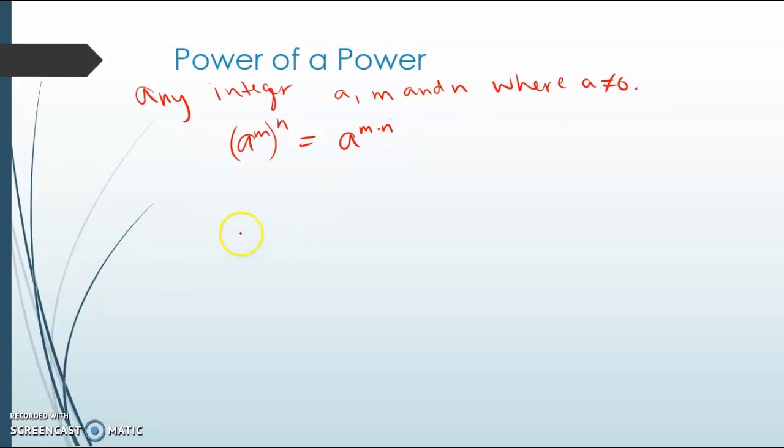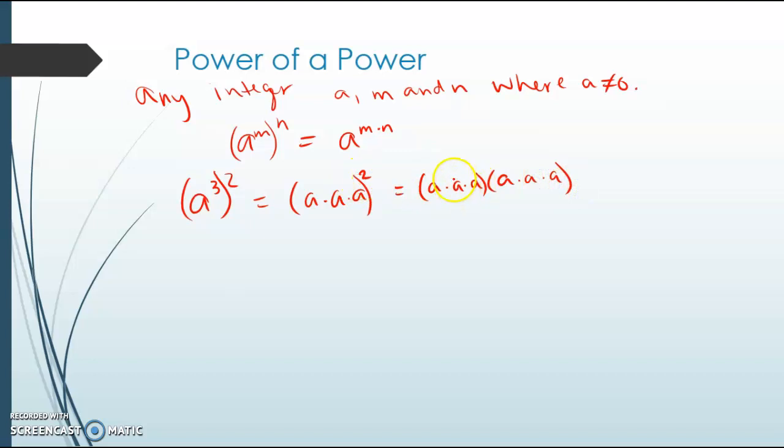So on this one, the reason that is true is, say we have a to the third power squared. Well, that's the same as a times a times a squared, right? Which is the same as taking a times a times a times a times a times a, because that's what square means, to take itself times itself.